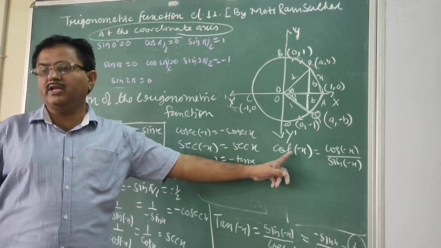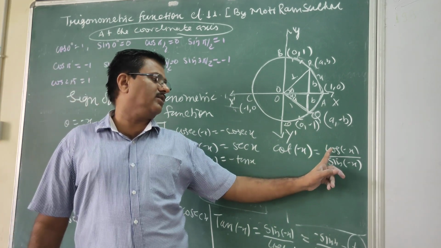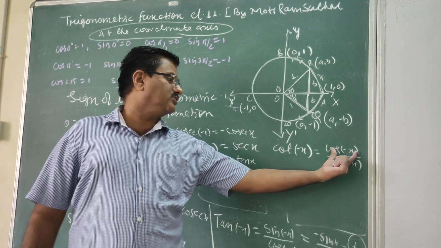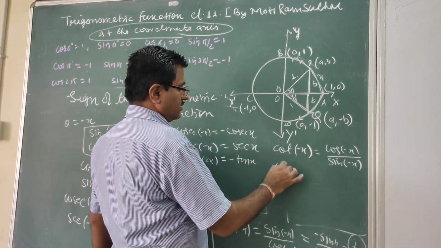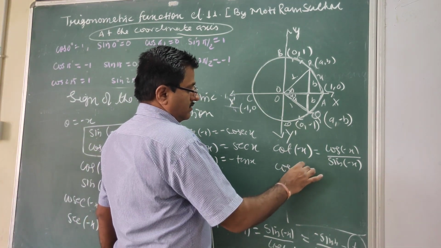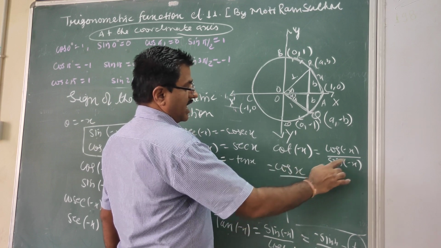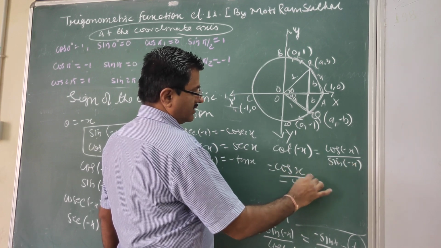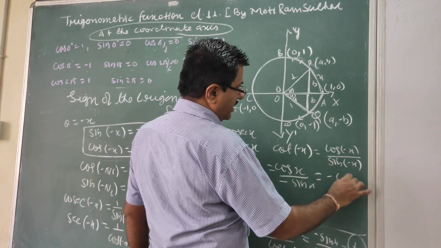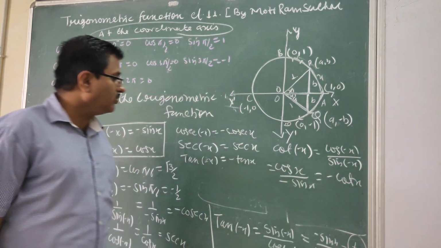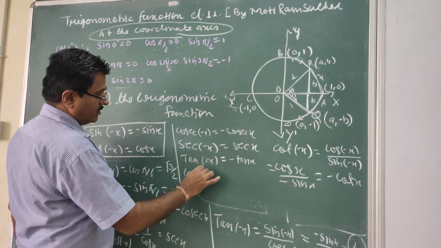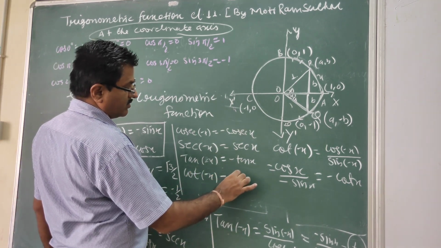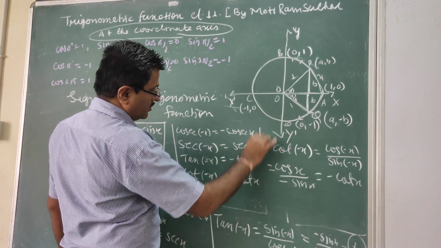Now cos minus x you have to replace by cos x, and sin minus x by minus sin x. So what we get? Minus cot x. So overall we can observe cot of minus x equal to minus cot x.